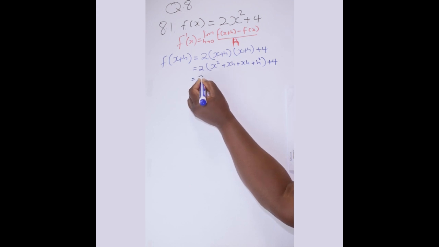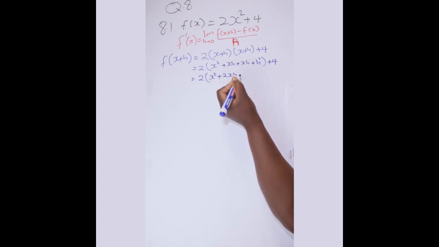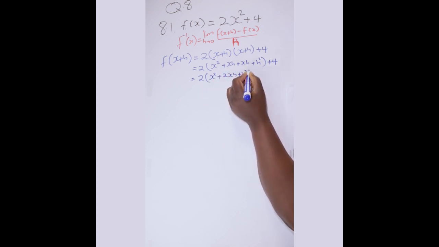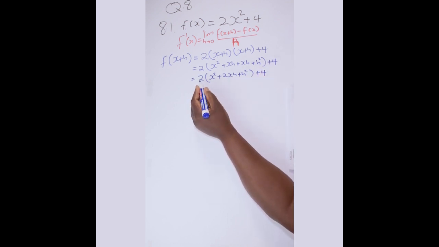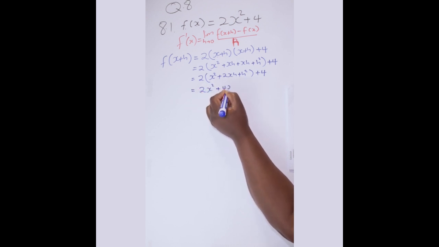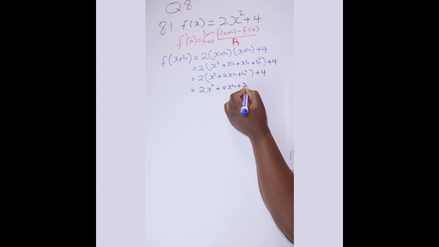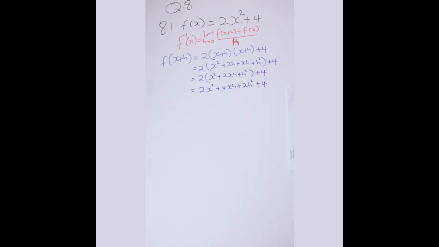And now let's look at the like terms. Inside the bracket we have x squared plus 2xh plus h squared, plus 4. And multiply everything now by 2 to remove the bracket. So we have 2x squared plus 4xh plus 2h squared plus 4. Now, folks, this is your f of x plus h.